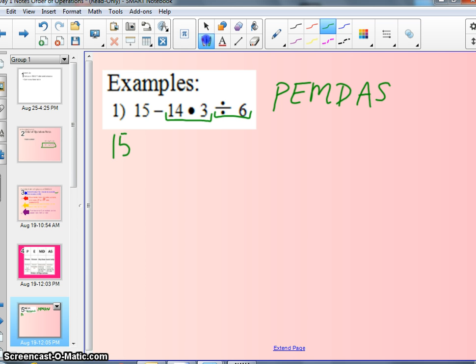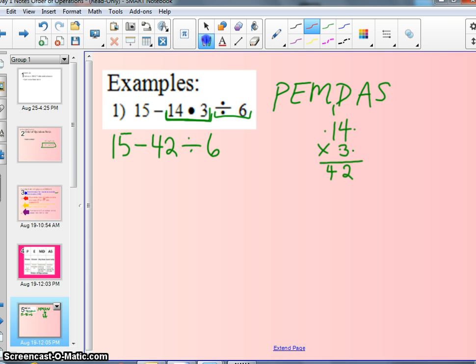So I have 15 minus, and let's go ahead and over here, remember, we're not using our calculator, so I want to see some old school multiplication. 4 times 3 is 12, so carry the 1. 3 times 1 is 3, add the 1 is 42. So this, in this bracket, becomes 42. And I'm just going to write divided by 6.